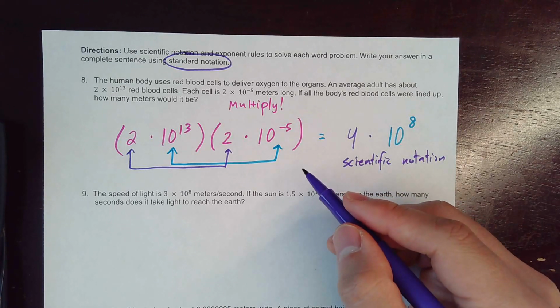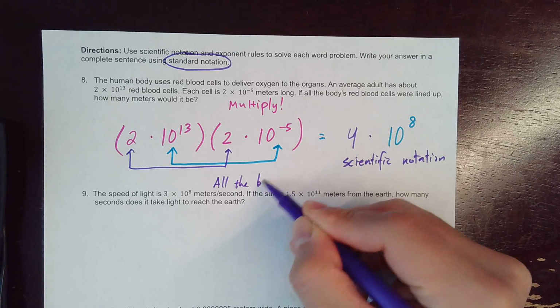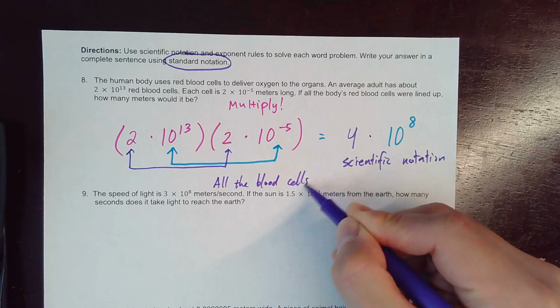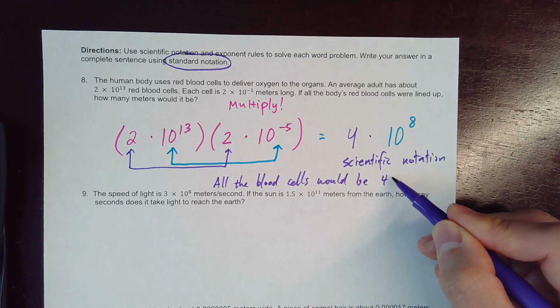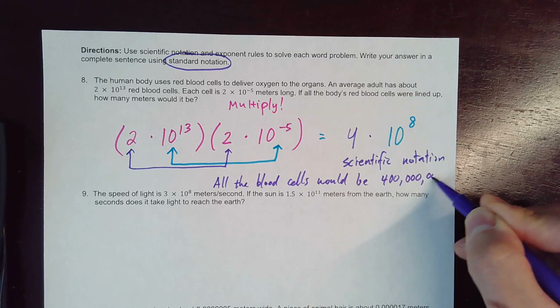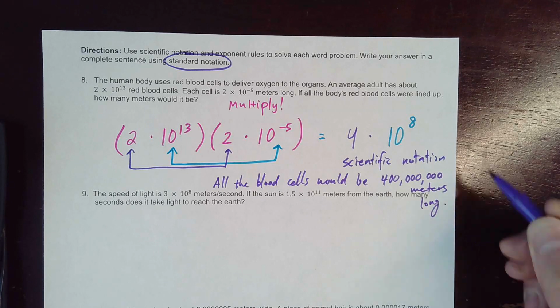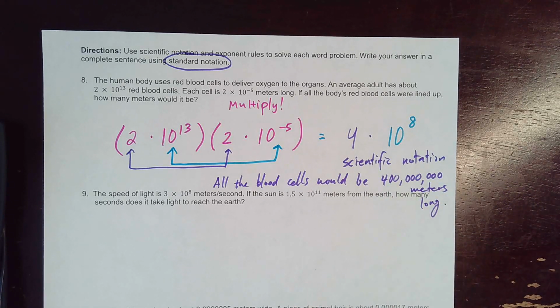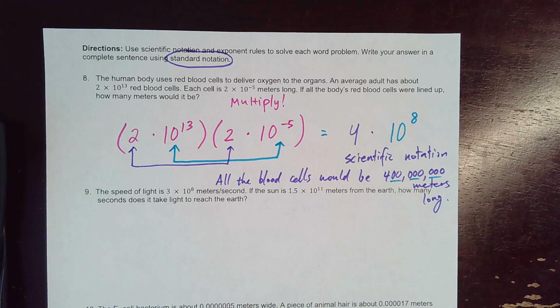So the standard notation is, all the blood cells would be, let's do 4, and then let's do 0, 0, 400 million meters long, right? And that gives us the 8. You could see that 4 times 10 to the 8th really means that I have 8 zeros.